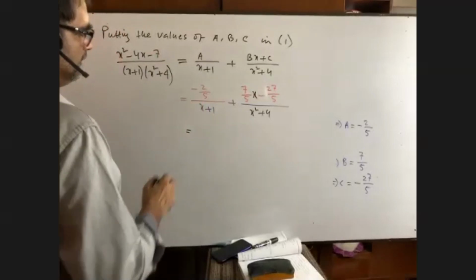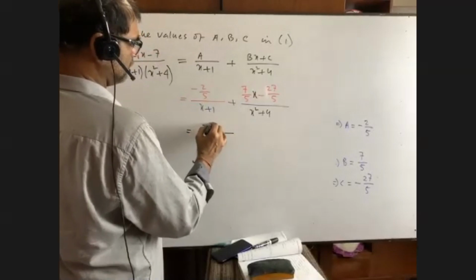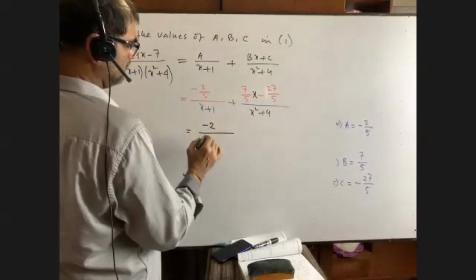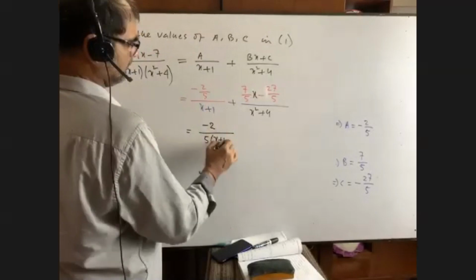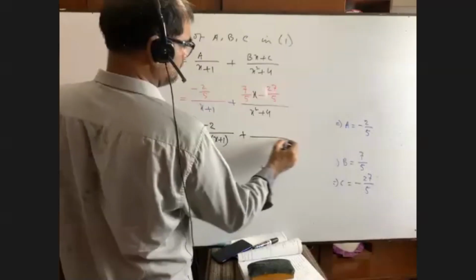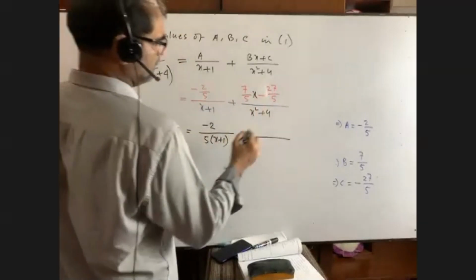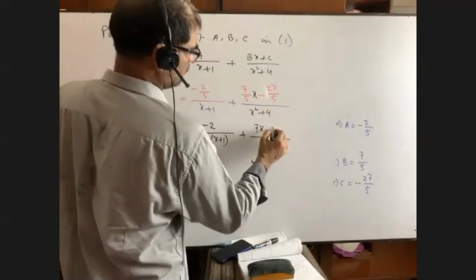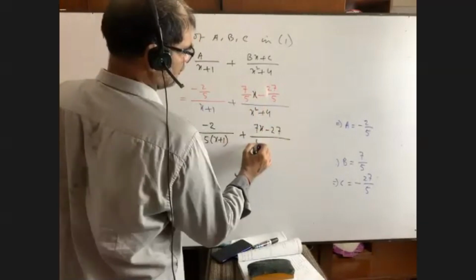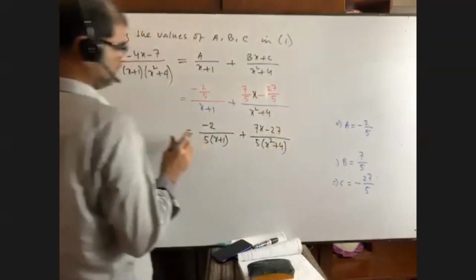Now what should be done here? You see, we can write down this is -2 by 5 into (x + 1). Am I right? Taking 5 as LCM in the numerator, we are left with 7x - 27, here it is 5(x² + 4).